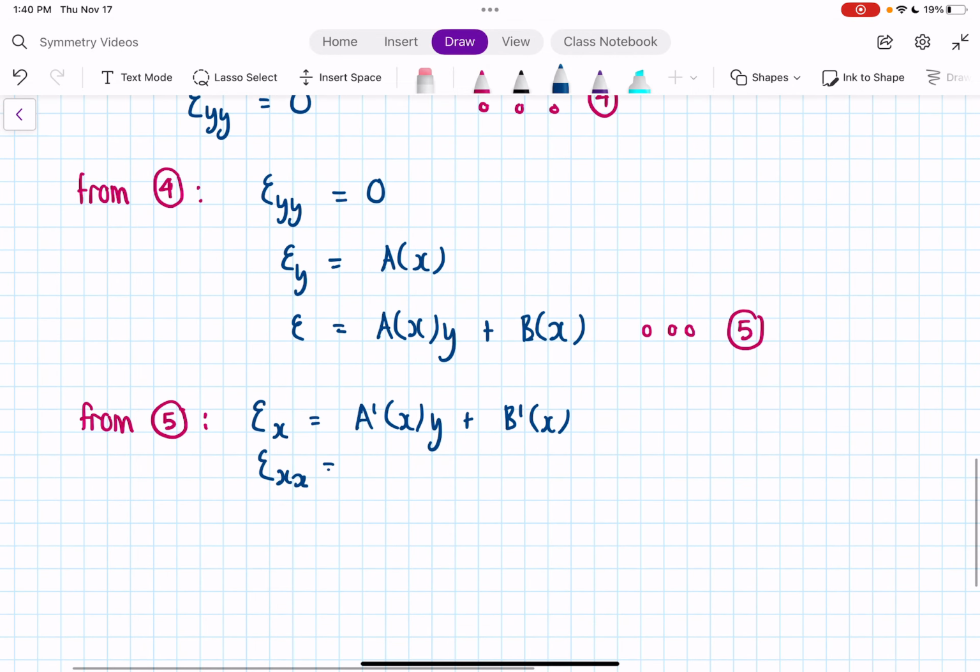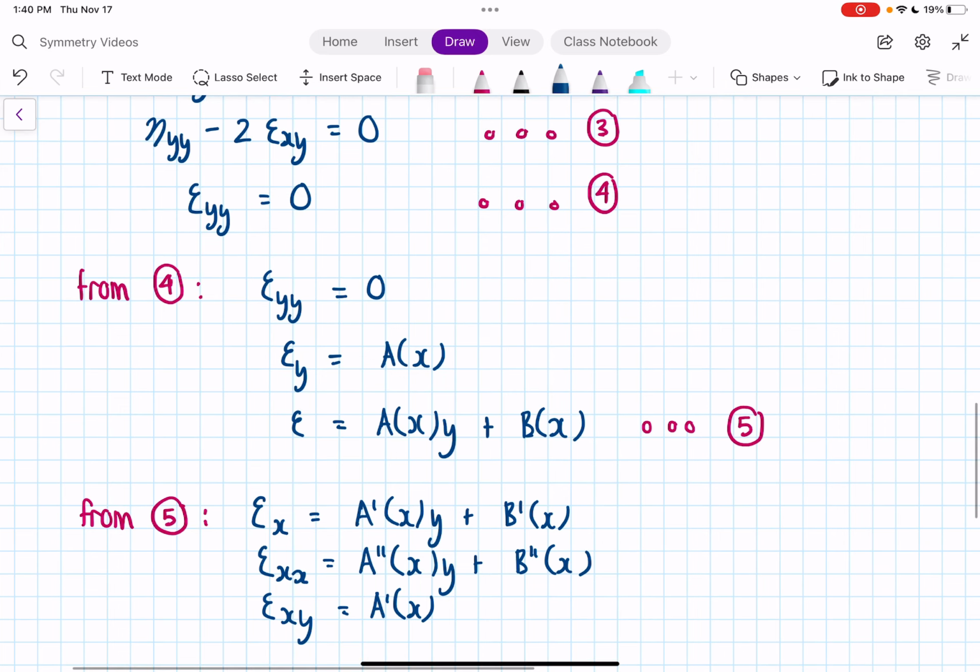Yep. So we can do that. And then we will also go xy. And so that's what we're going to have there. So with those, now we're going to see what we can do with them.